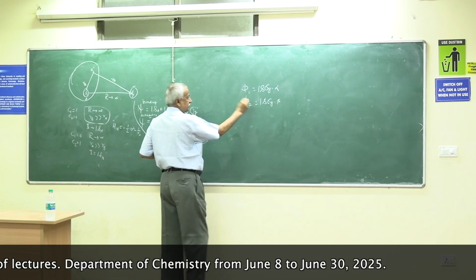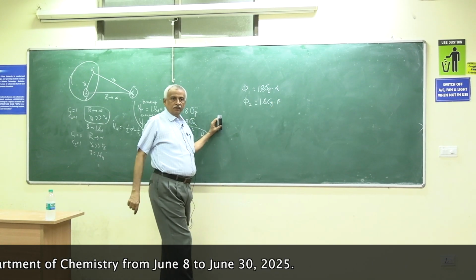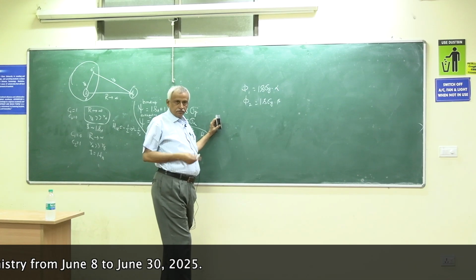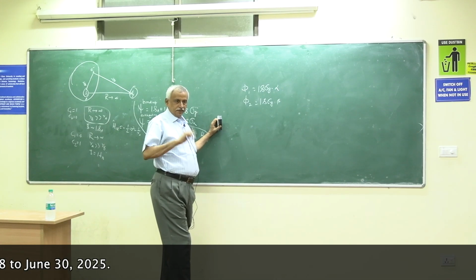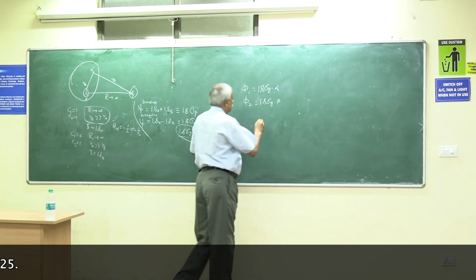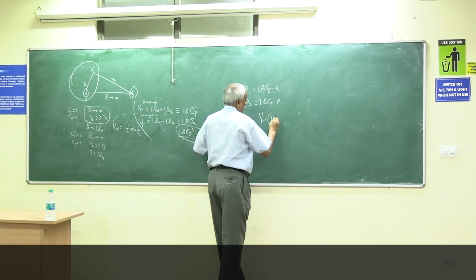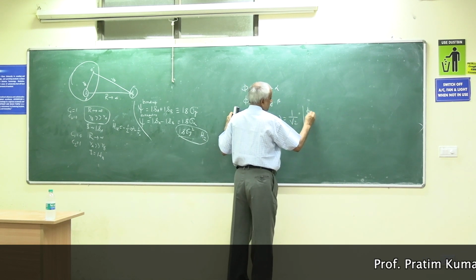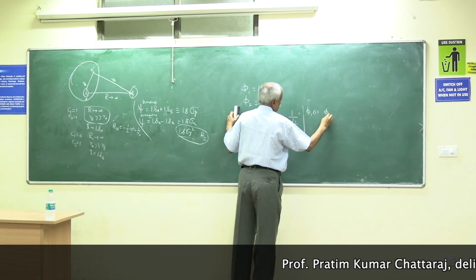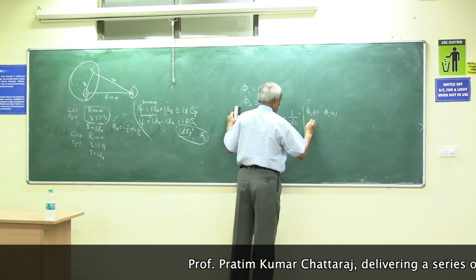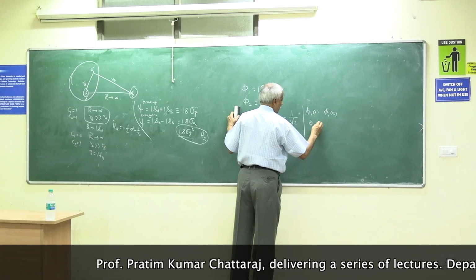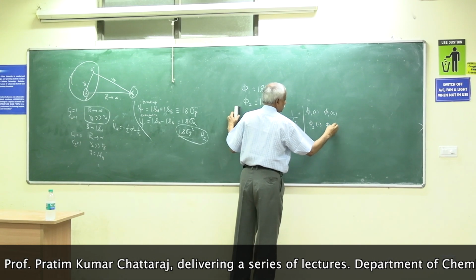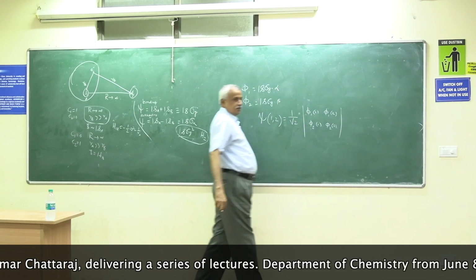So this is your 1s sigma g 2. One is in 1s sigma g alpha, and according to the Pauli exclusion principle, the other would be beta. Then your psi of 1, 2 would be 1 by root 2 times the determinant of phi 1 1, phi 1 2, phi 2 1, phi 2 2, and you know that this is the Slater determinant.